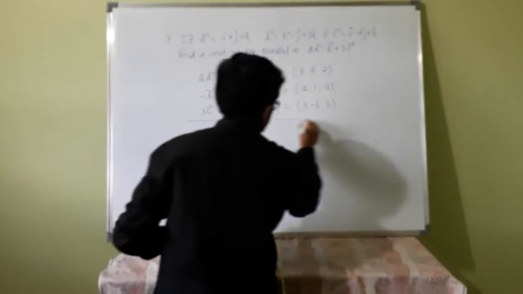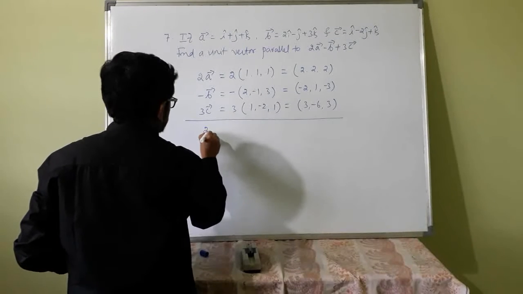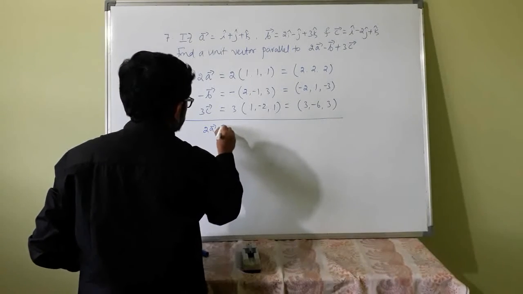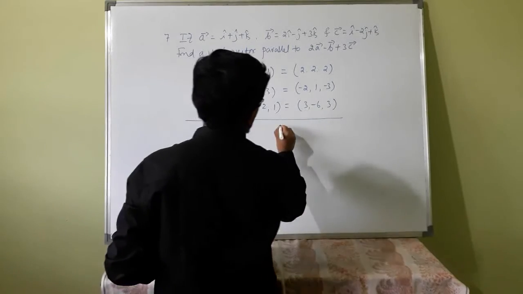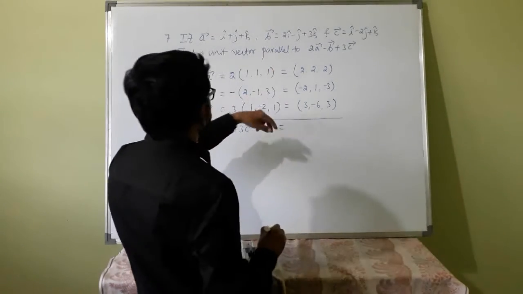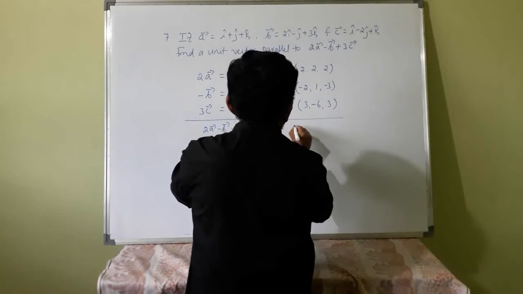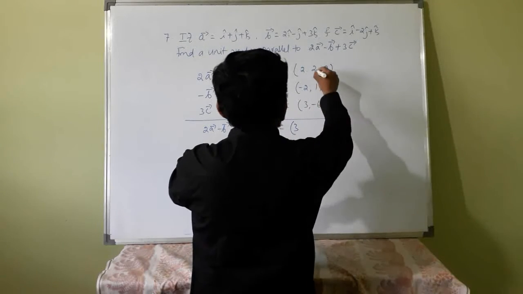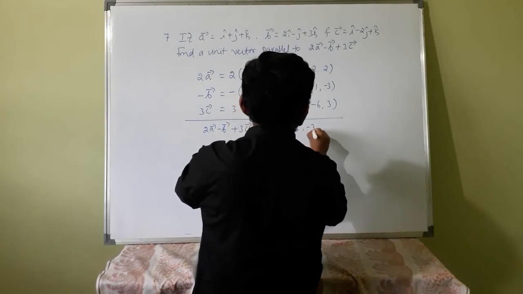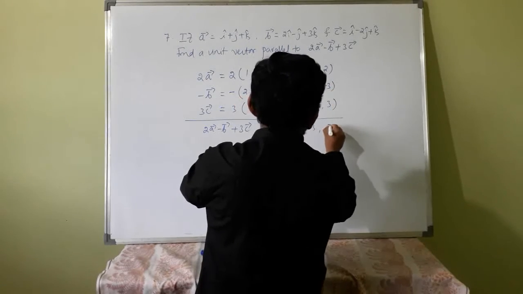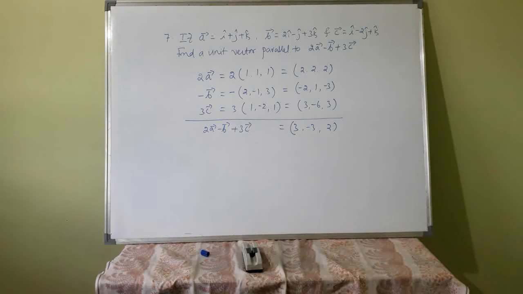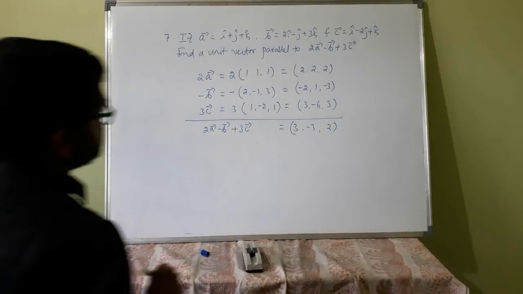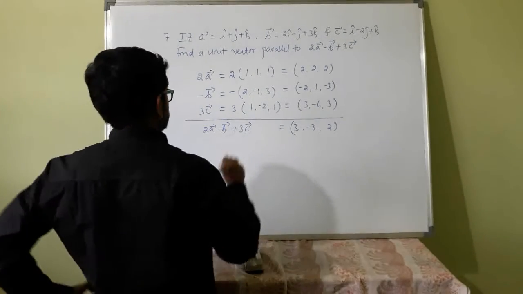Now if you add this, 2a minus b plus 3c: 2 and minus 2 get cancelled, 3 minus 3 and 3 get cancelled, the sum is 3i minus 3j plus 2k.